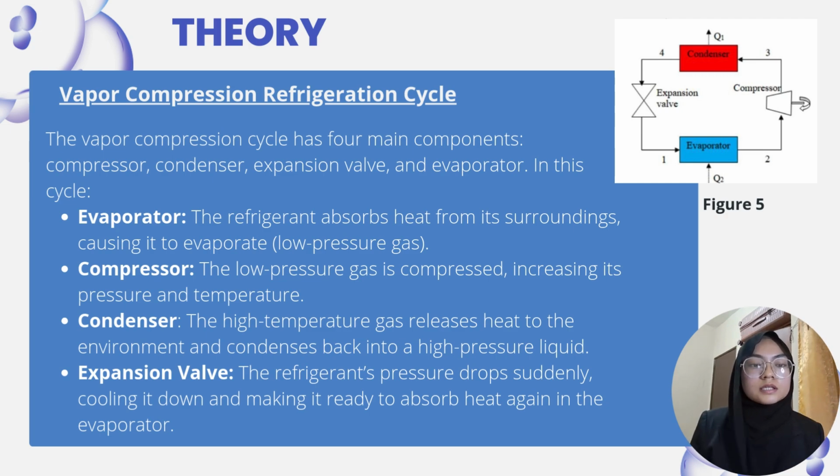The third one is the condenser, where the high temperature gas releases heat to the environment and condenses back into high pressure liquid. And the last one is the expansion valve. The refrigerant's pressure drops suddenly, cooling it down and making it ready to absorb heat again in the evaporator.